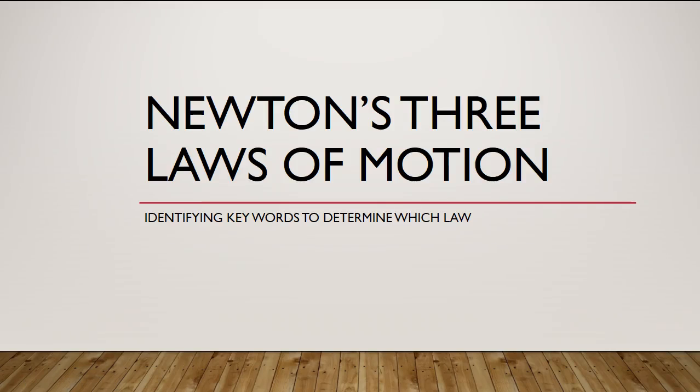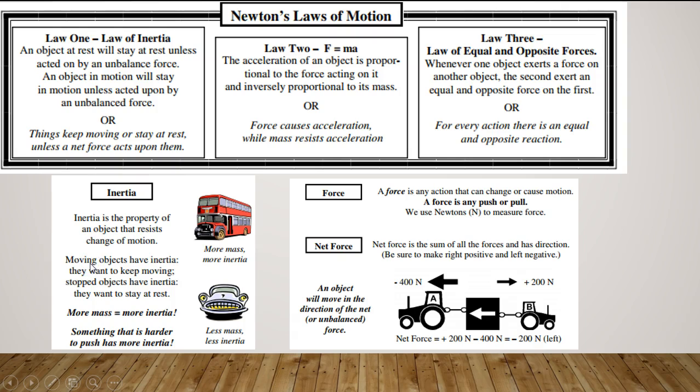Today's lesson is going to focus on Newton's 3 laws of motion, identifying keywords to determine which law a particular question is asking. Okay, so here's Newton's first law of motion. It is the law of inertia.